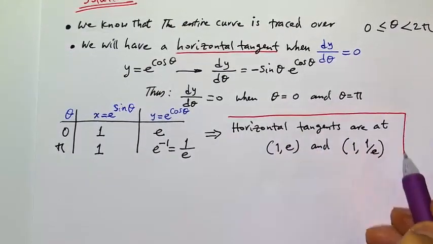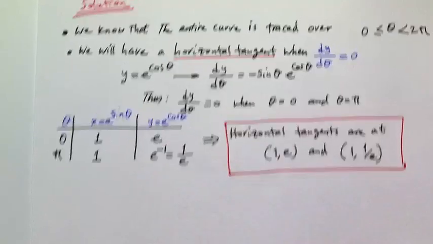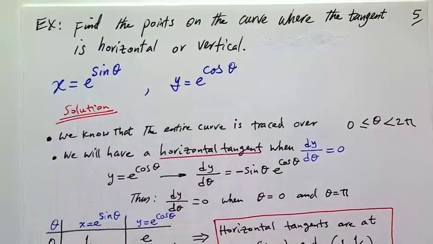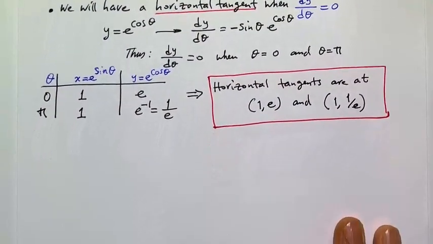We have to do the same thing and find the points along this curve where the tangent is vertical. So let's do that.